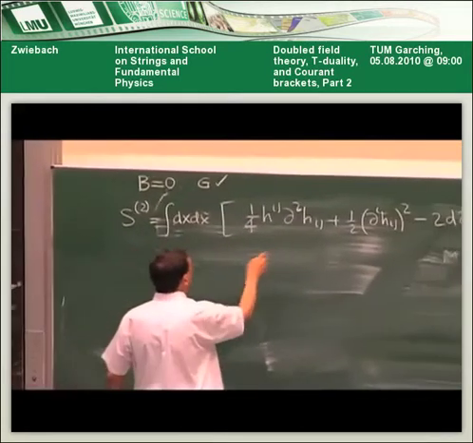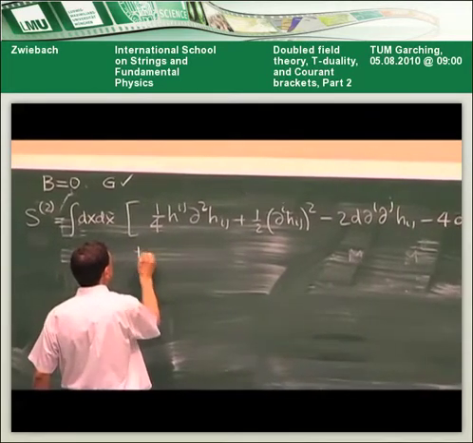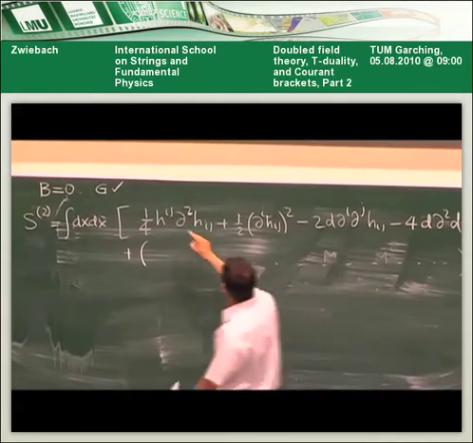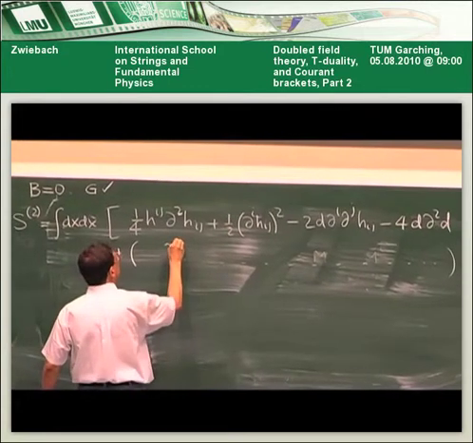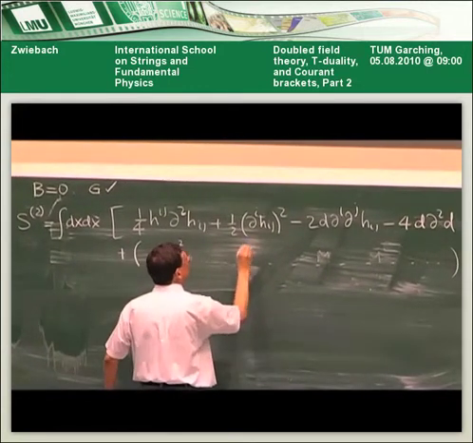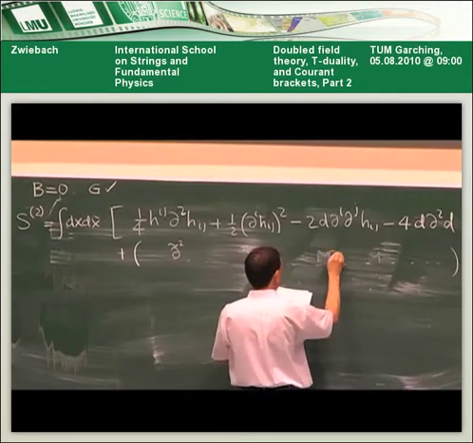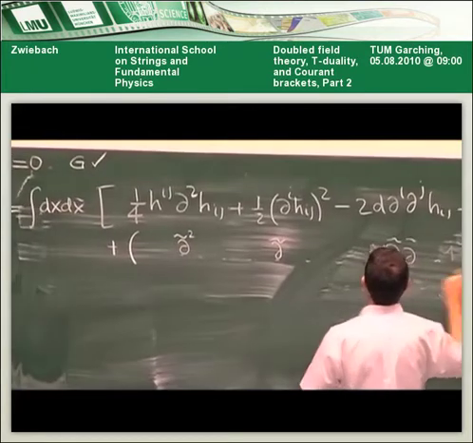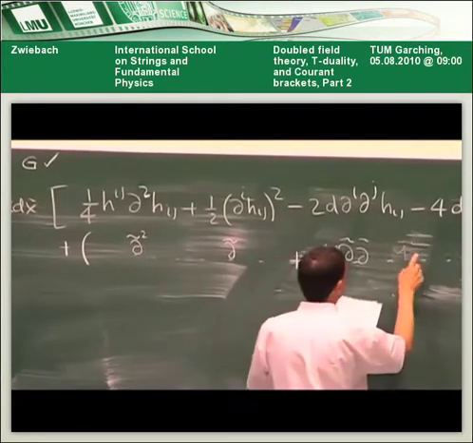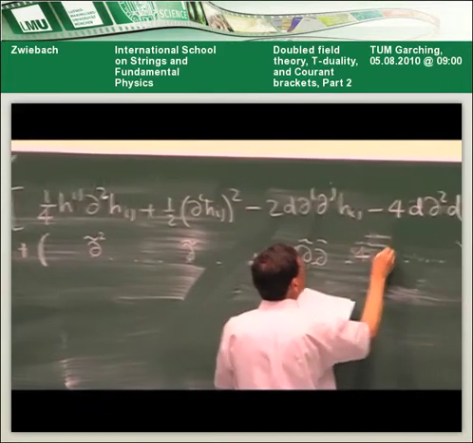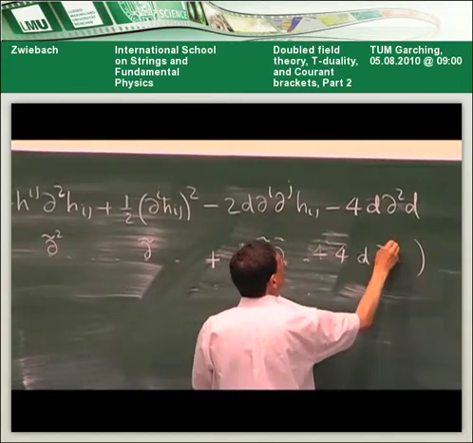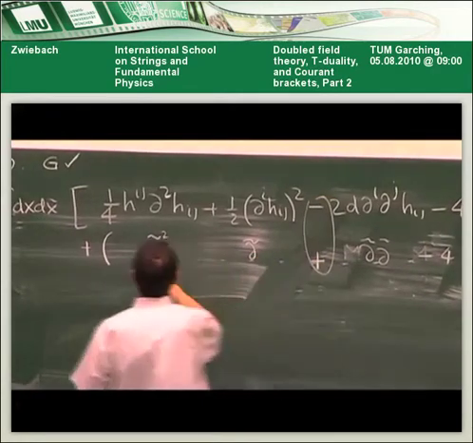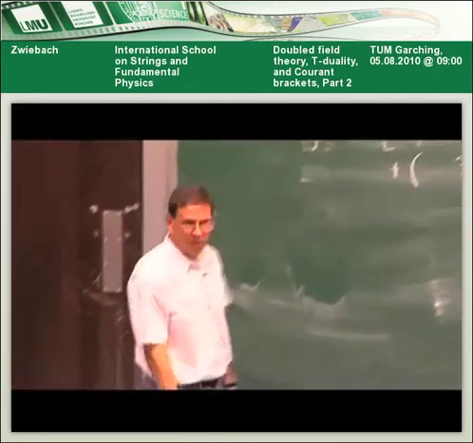Now this whole line is repeated identically, but with all the derivatives being d tildes, and actually there's a change in sign that is relevant: minus 4d d tilde squared d. So only a change of sign and d tildes all over.